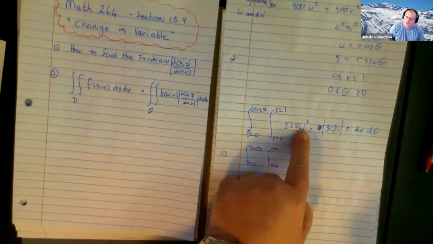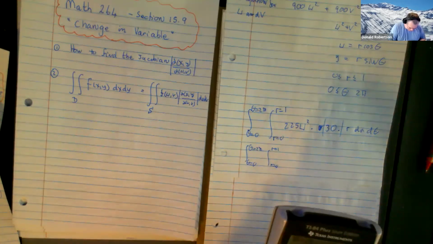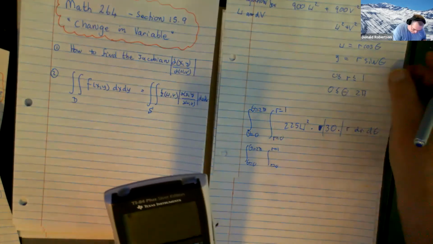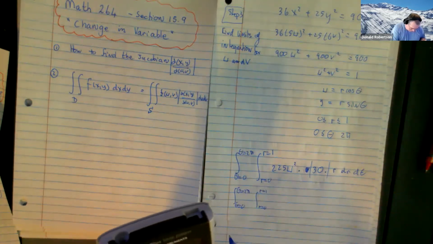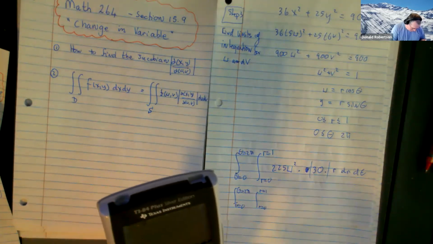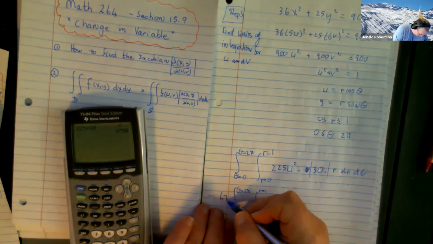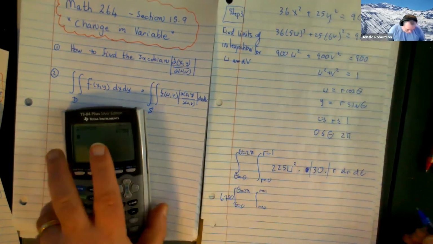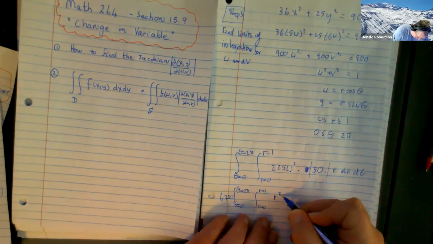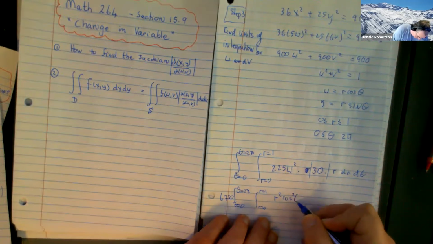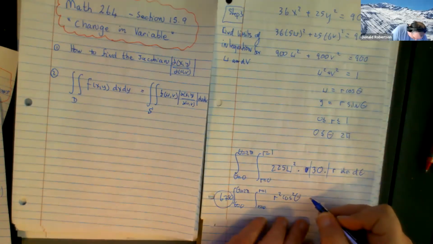So what's u squared going to become? Any takers? Wouldn't u squared be r squared cosine squared of theta? That guy and that guy I've brought out as a big ugly function.